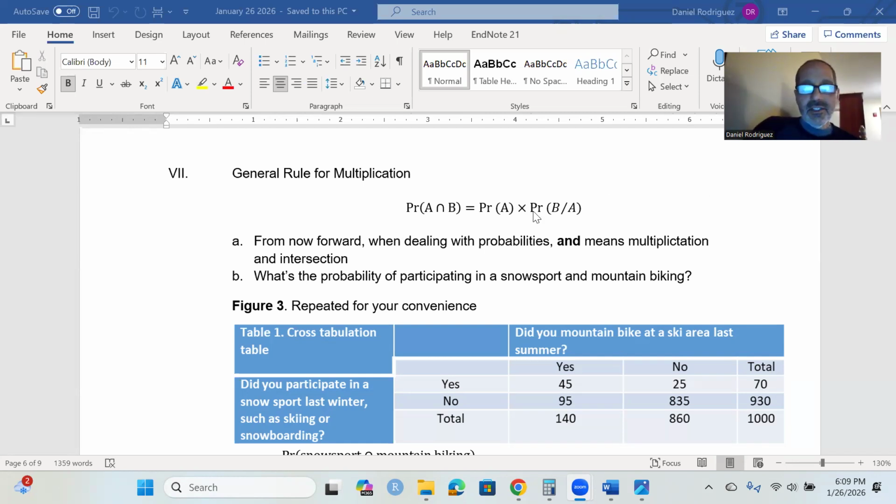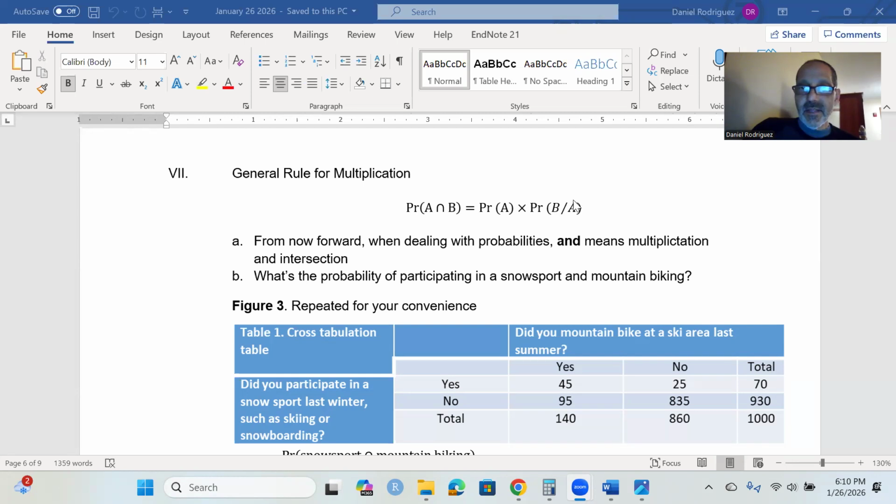So that's interesting about this general multiplication rule and why we talked about the independence issue before. Remember we stated that if the probability of A intersection B is equal to the probability of A times the probability of B, we have independence.